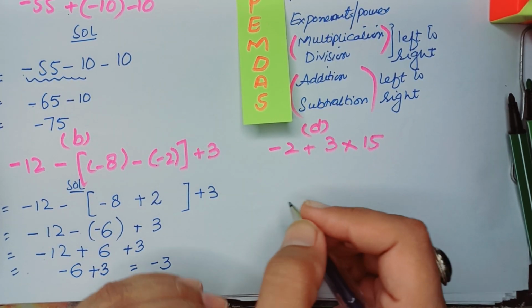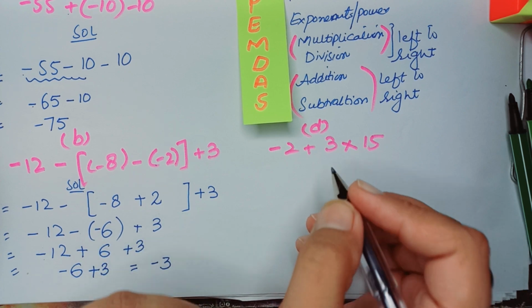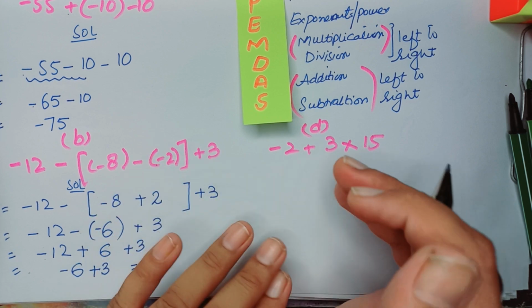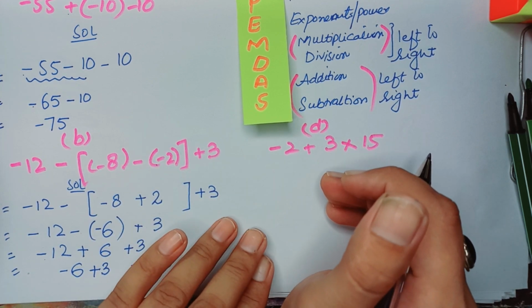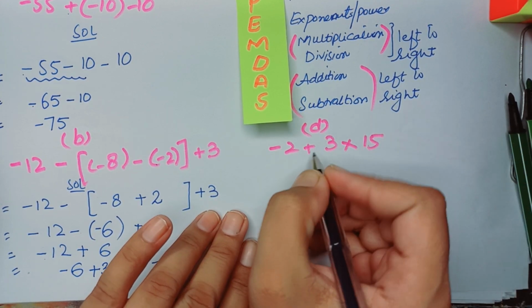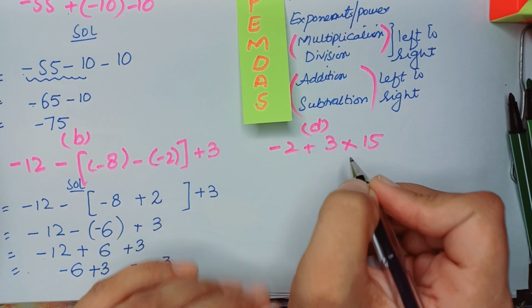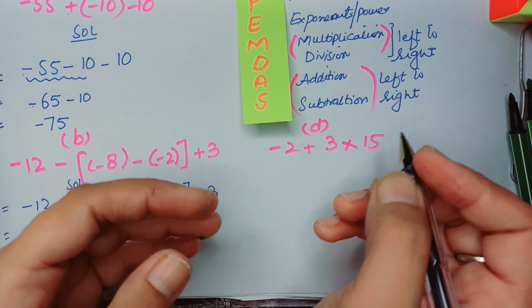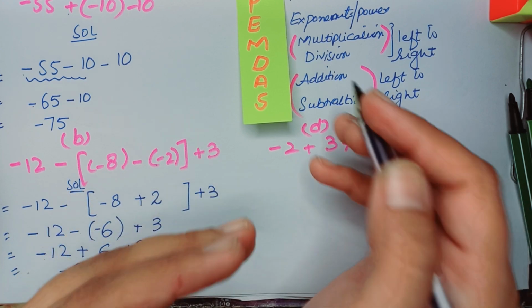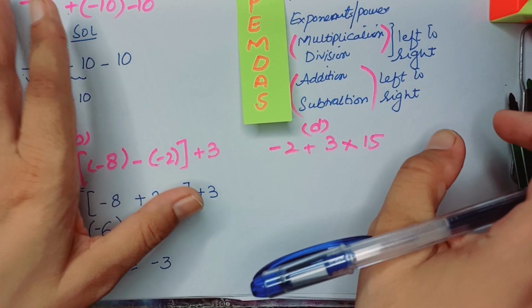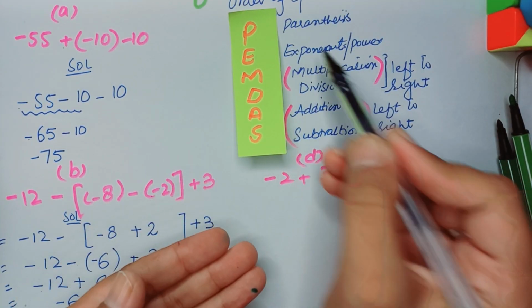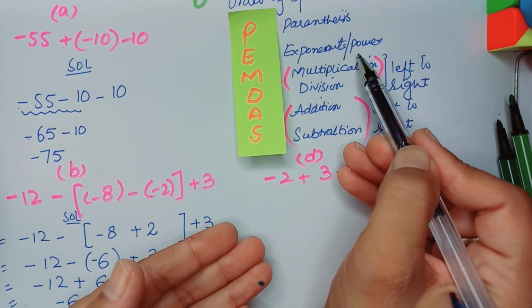And dear students, part number C is very much similar to part number B. So now we are doing part D. Dear student, in this we have the combined operation, like addition is there, subtraction is there, multiplication is there. So we have to check for the order of operations. So in order of operations, you can see we don't have parentheses, we don't have exponents or powers.